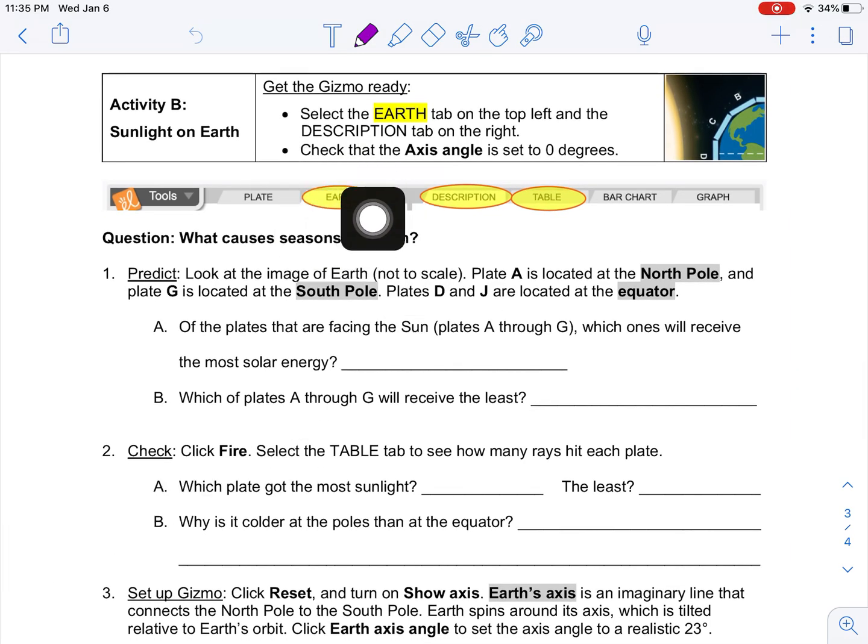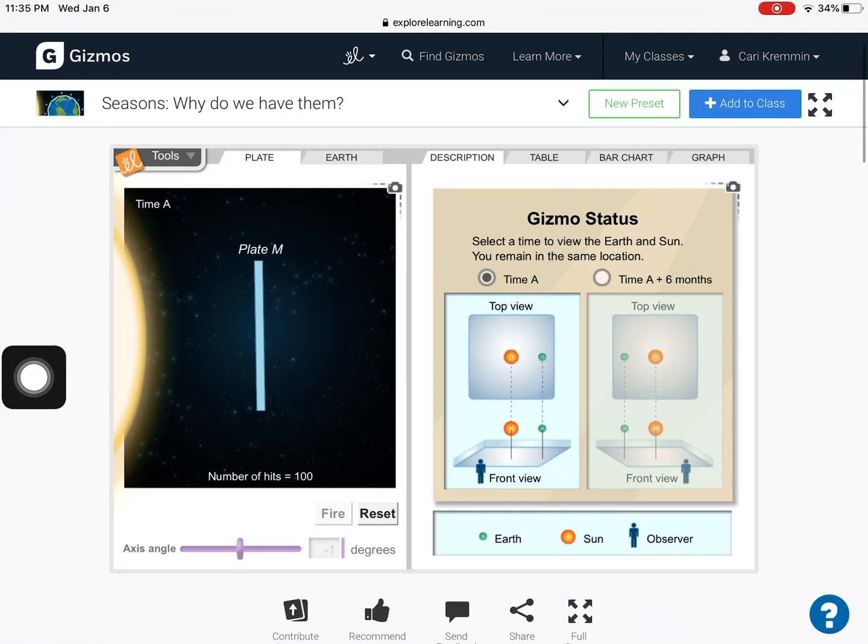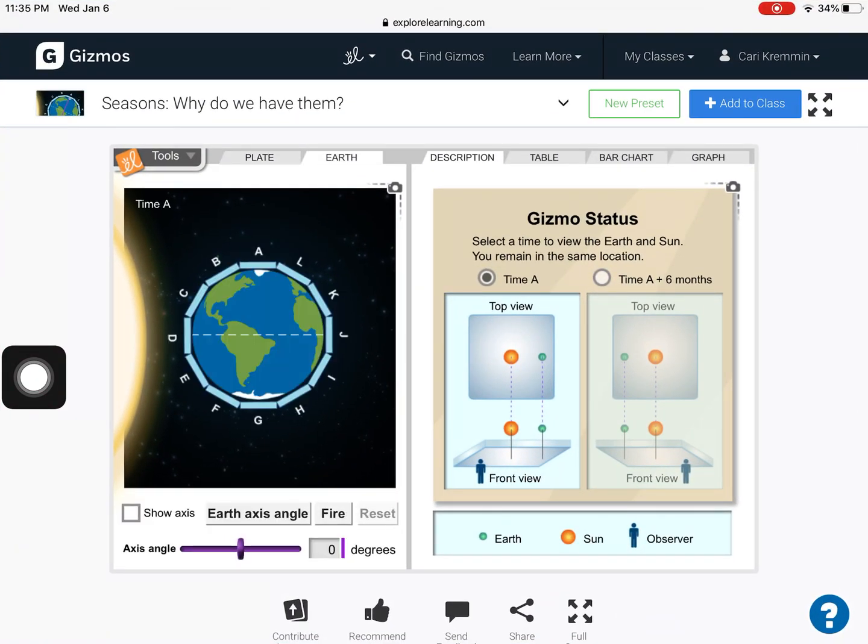Okay. Now we're actually going to look at round spherical Earth. The real Earth. Sorry, flat earthers. Okay. So we've got round Earth here when I switch the Earth tab here. So activity B is we're going to stay on this Earth one, and we're going to actually navigate through most of these here.